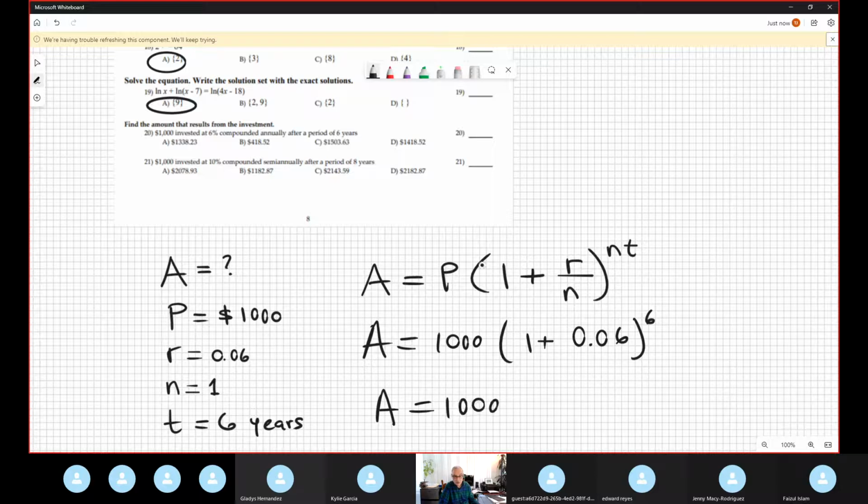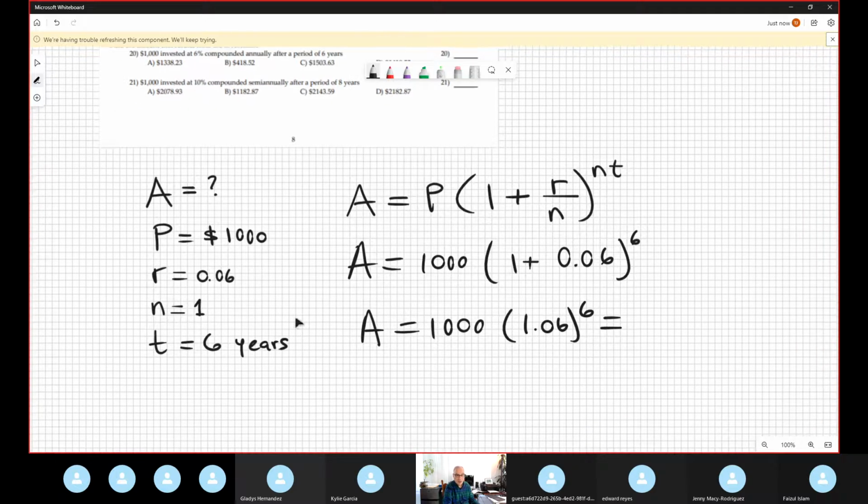Addition 1 plus this, que es 1.06, raised to the 6th power. And this is the thing you need to put in the calculator. Come on, guys, you help me? Remember, you round off to the nearest 2 decimal places, because we are talking about money. And money, the decimal fraction of a dollar is dime first and cent second. 2 decimal places.